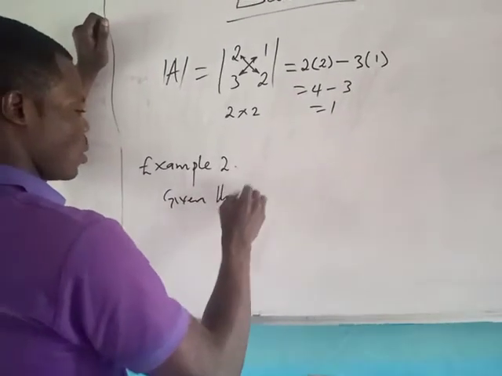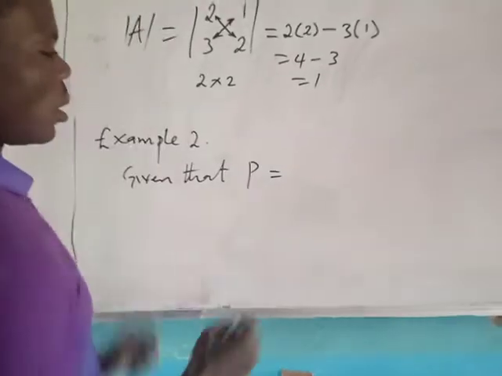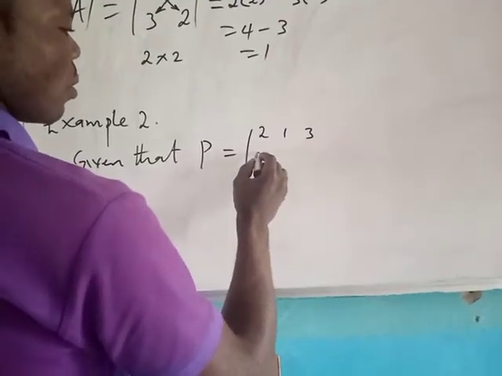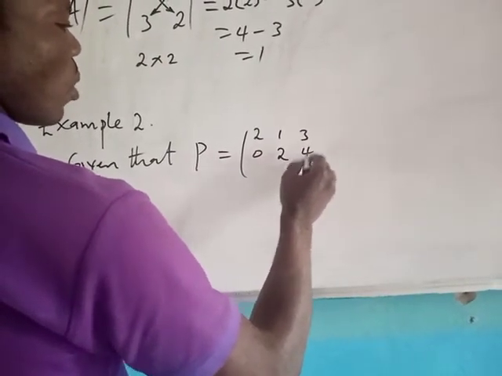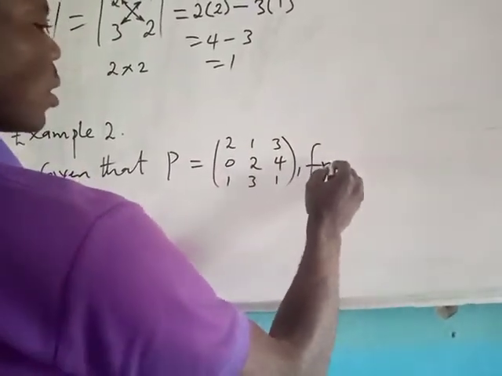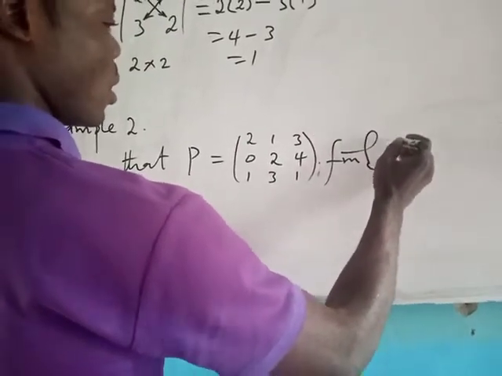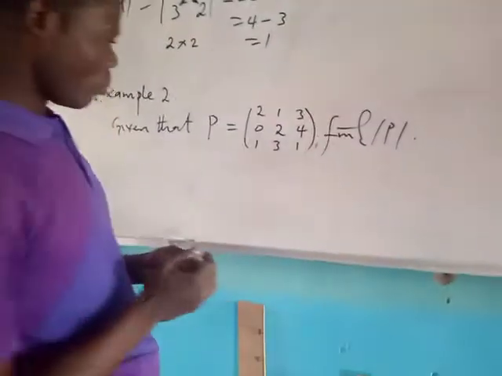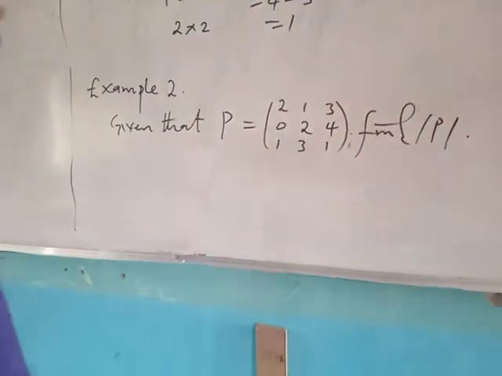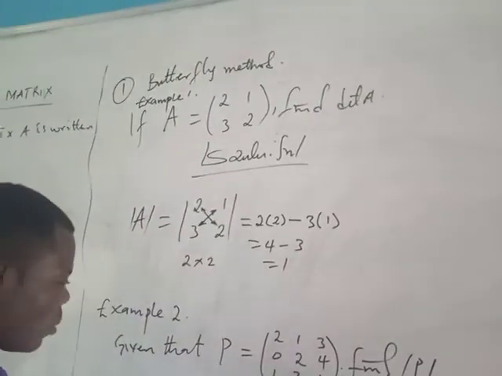Given that matrix P is equal to 2, 1, 3, 0, 2, 4, 1, 3, 1, find the determinant of P. Okay, so given that P is this, we have to find the determinant of P. Don't forget we are still applying the butterfly method.